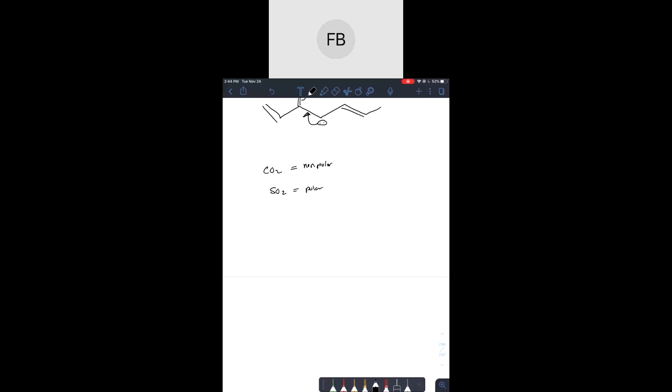So as usual, we have to draw Lewis structures to show the polarity. When you draw CO2, one thing I like to start out with is our electrons. C has 4, and then 2 oxygens are going to have 12 together, right? So that's going to be 16 electrons.